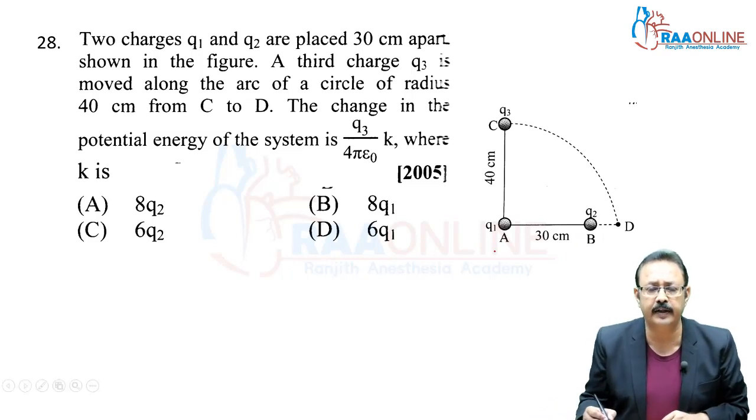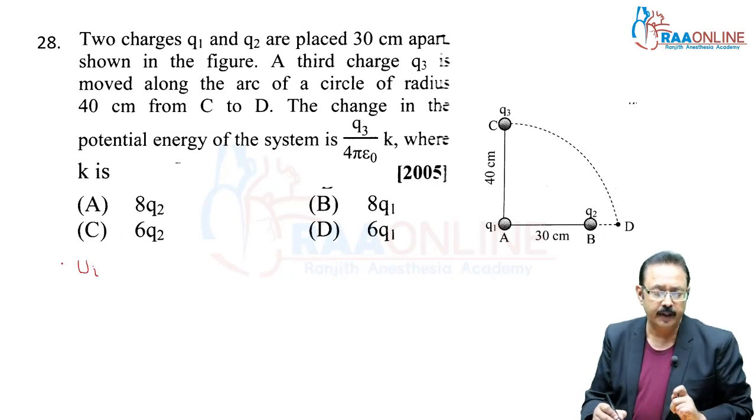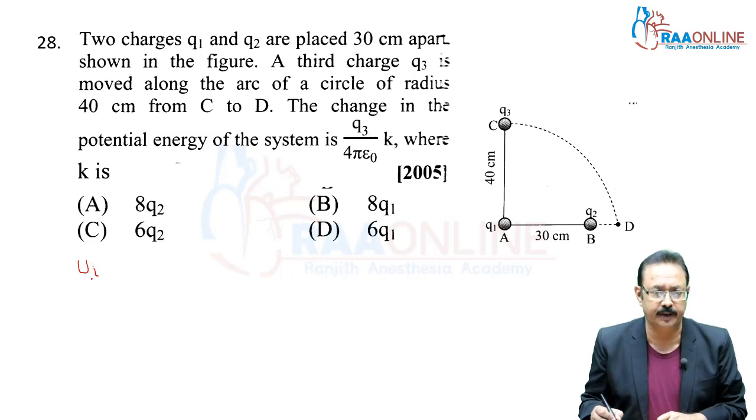So first we will calculate the initial potential energy. What is the initial potential energy of Q3 due to this charge Q1? It should be 1 upon 4 pi epsilon naught.